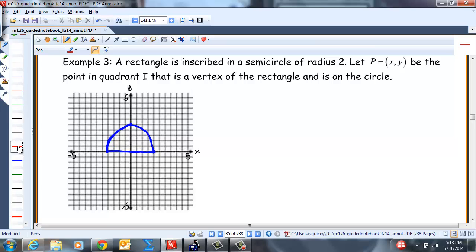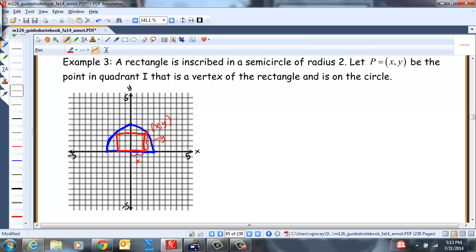Okay, so here's our semicircle. And then what we're doing is inscribing some sort of rectangle inside the semicircle. And then we're going to use this ordered pair, x comma y. So this length here is just going to be x, and this length here is going to be y.